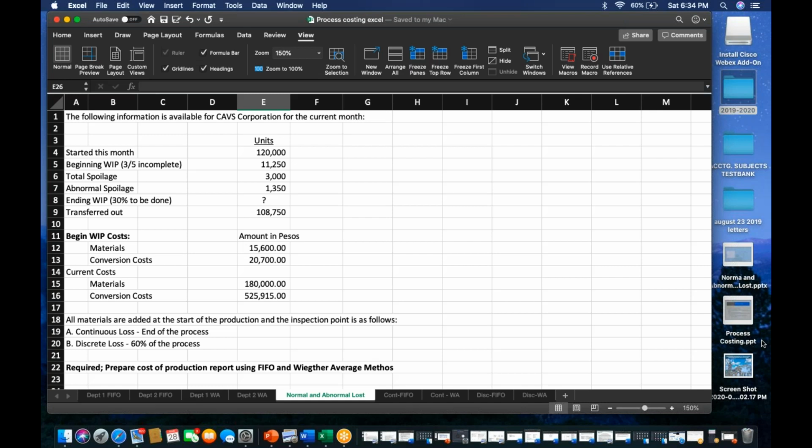If you wanted to follow, nasa book nyo din ito. This is on page 454 sa book ni De Jesus. Okay, if you wanted to follow. So started this month 120,000 units. Beginning work in process 11,250.